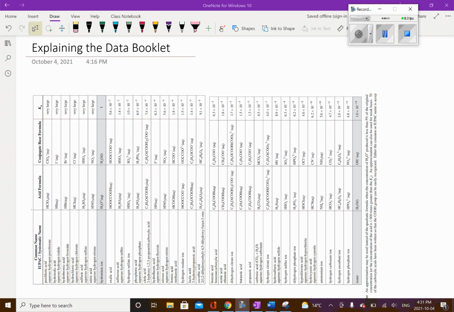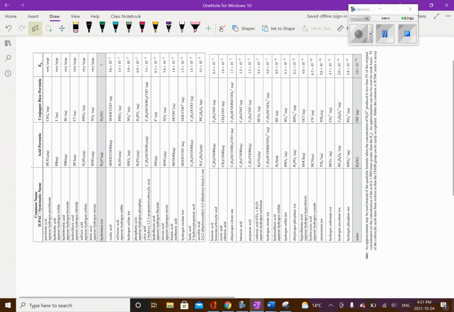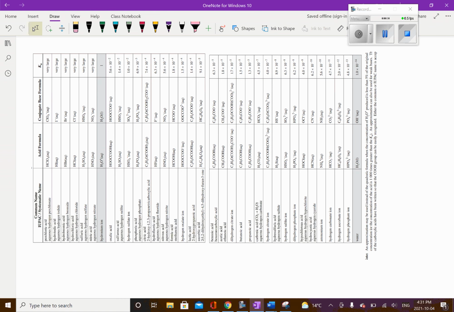This table, as you see in your data booklet, is divided into 2 pages and it is turned landscape format. Okay, so I will explain it as you see it like this, but you probably have to turn the video or the format of the video. Let me try it.